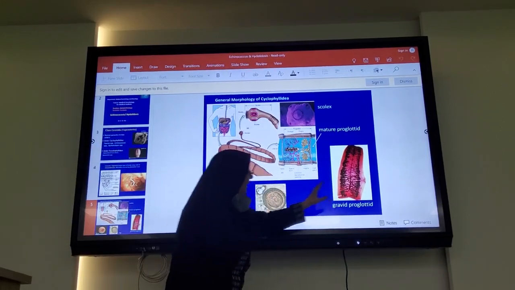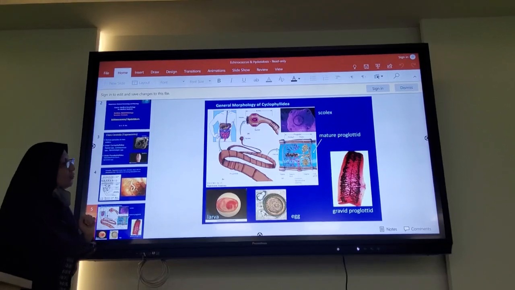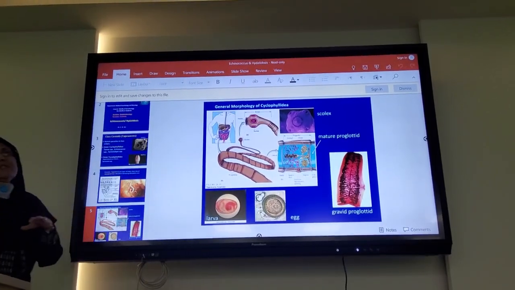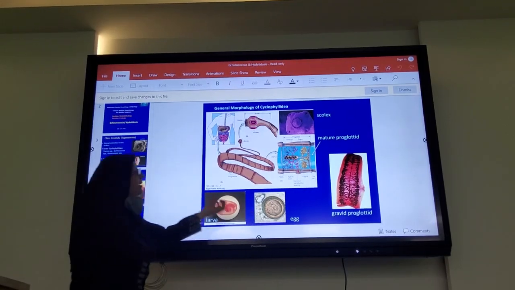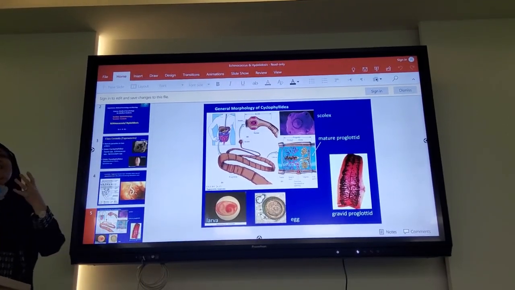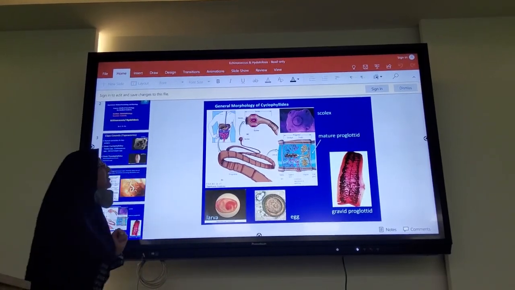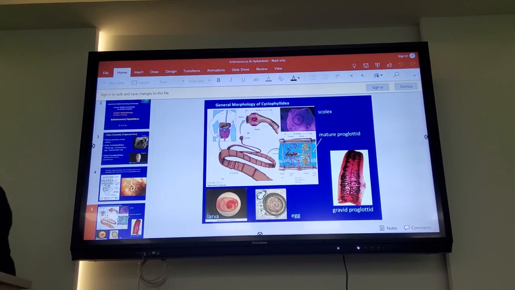So this is an example of the egg of the cestodes. Inside the eggs, there's an embryo which is called oncosphere. When the egg is eaten by the intermediate host, the larval stage is developed in different parts of the body. The larva of the cestode is called metacestode.